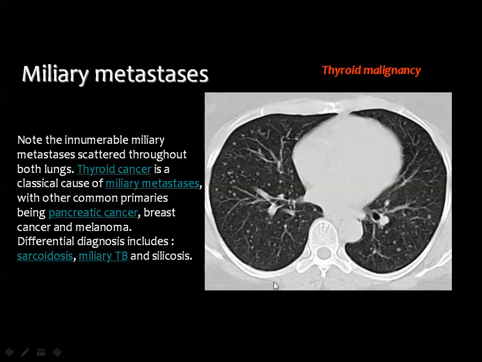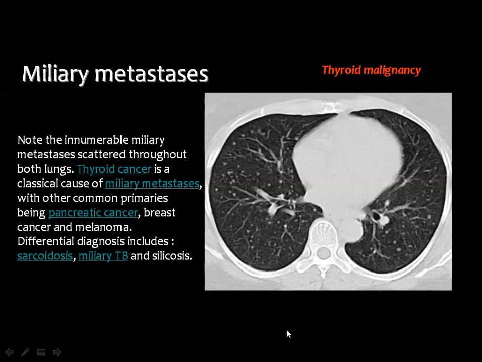Then if you see random distribution and the nodules are less than 3 millimeters or more than 3 millimeters, consider the possibility of metastasis, particularly if you know that the patient had a primary malignancy.